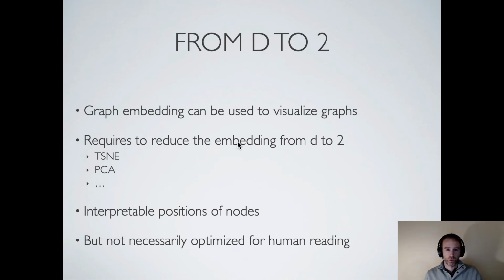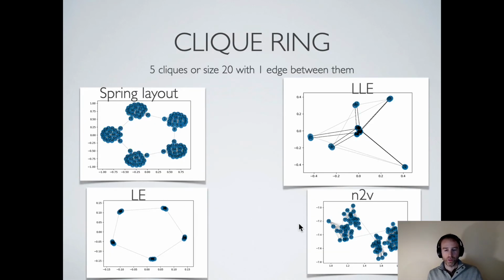That's why we use famous algorithms for dimensionality reduction, like TSNE or PCA. And you use them to reduce your 100 dimension embedding into 2, while keeping the general notion of distance of your original 100 dimensions. And so you obtain some visualization.